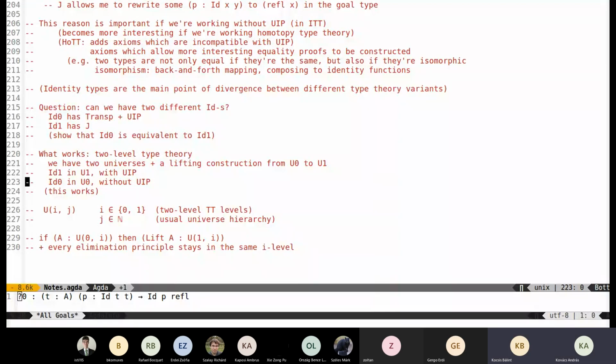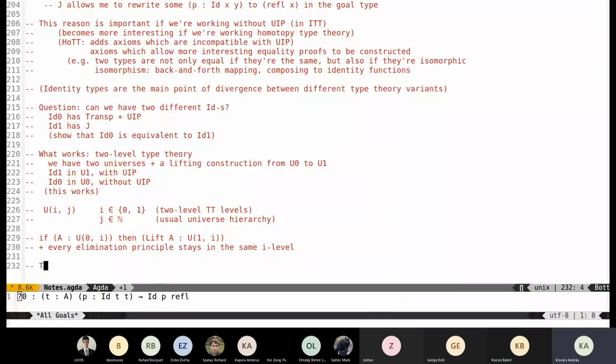But then you said that transport and UIP is equivalent to just simply J. Right. And then what's the difference between these two identity types in this two-level type theory? Because one is just with UIP and the other is just without UIP. But I assume that J there.